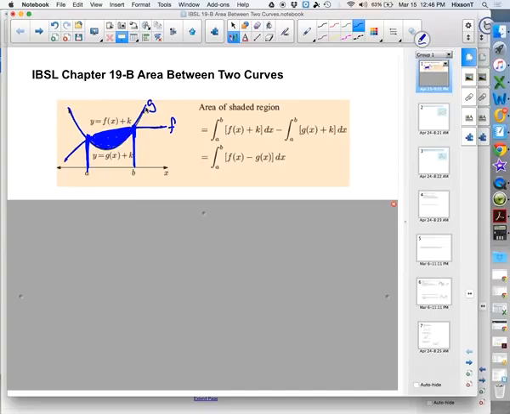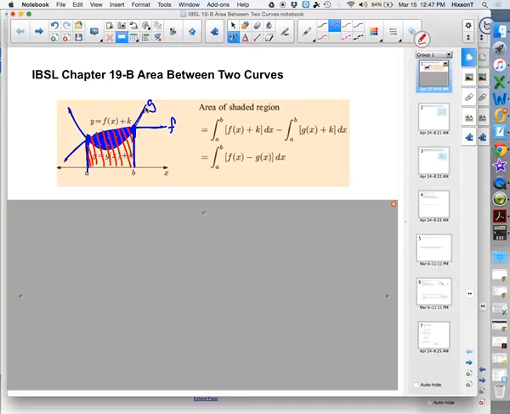Okay? Now I want you to see what's going on here, because when I find the integral from a to b of f of x plus k, look at the area I'm actually getting. I'm getting all of this area right here.